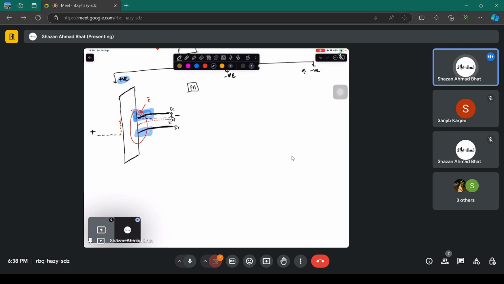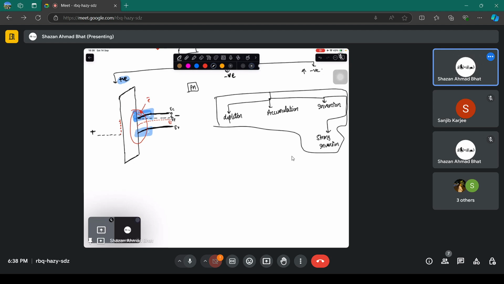Okay, and then you are going to have the regions of depletion, you're going to have the regions of accumulation. We're going to talk about this briefly, and you are going to have inversion. And then there is one more region called strong inversion. You can control these regions by controlling the bias.